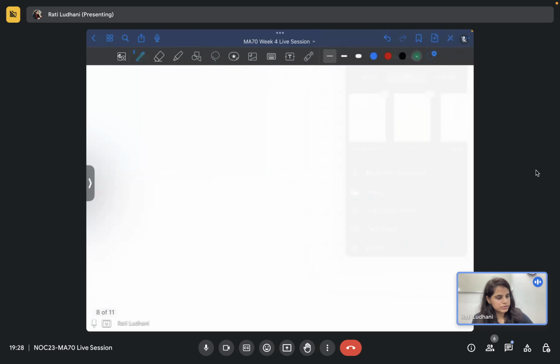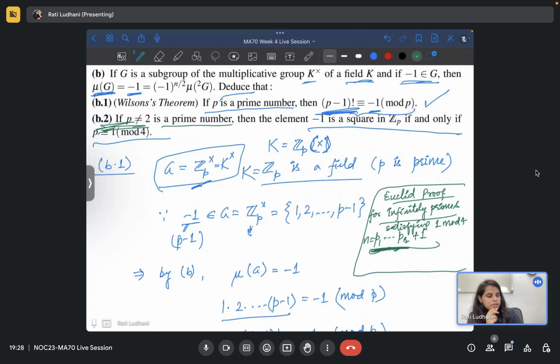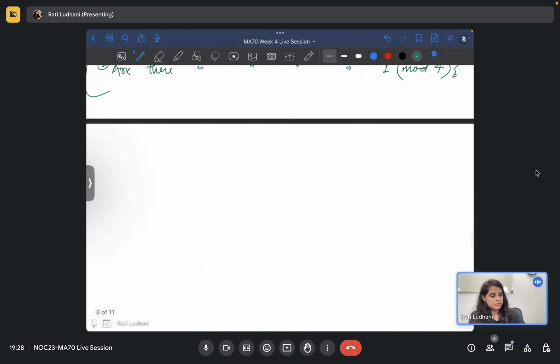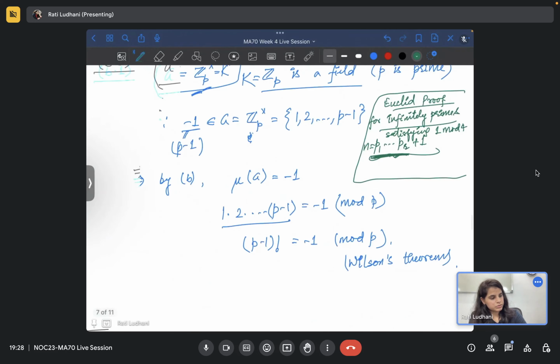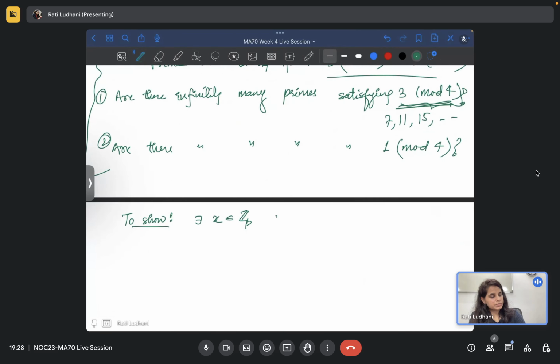Right, so where were we again? If p is not equal to 2 is a prime number, then we have to deduce that the element -1 is a square in Zp if and only if p is equal to 1 mod 4. So to show: there exists x belonging to Zp such that x squared is equal to -1.